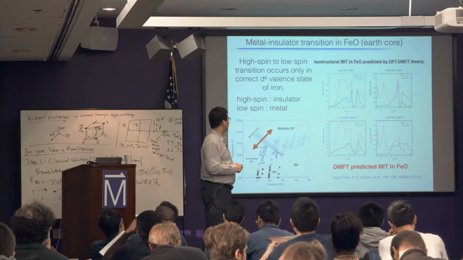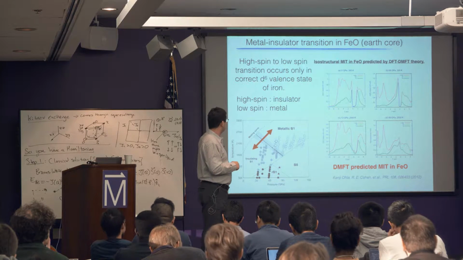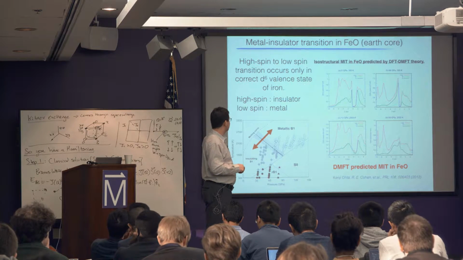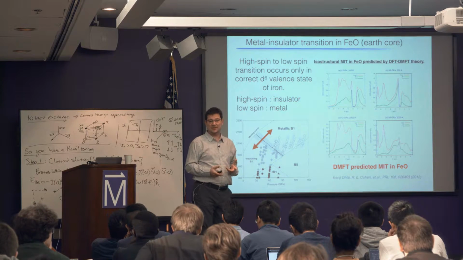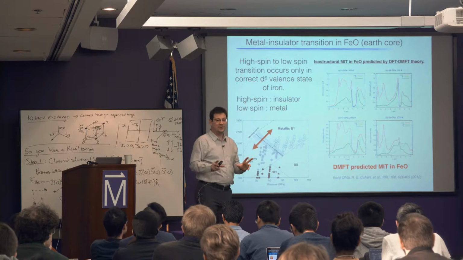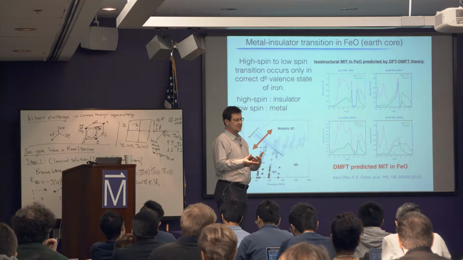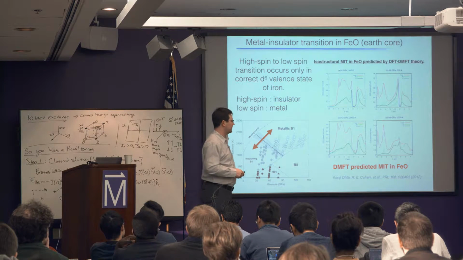These things are important in many transition metal oxides, in particular iron oxide, because it goes through a high spin to low spin transition only if you're in the correct valence, in valence d6. If you're not in this valence, it will not go through this high spin to low spin transition, because then the system doesn't support the low spin state.